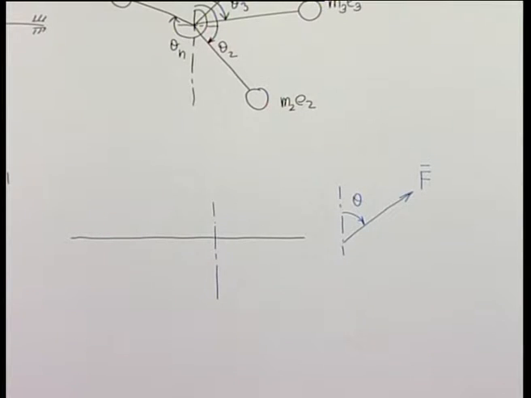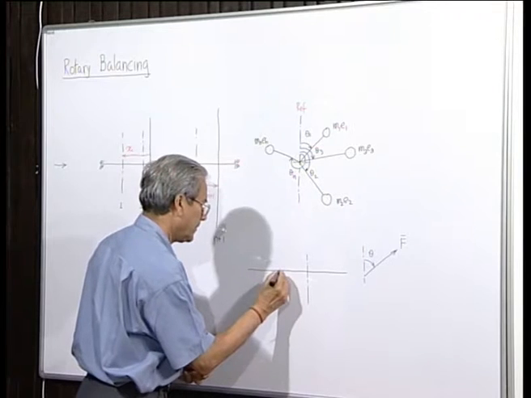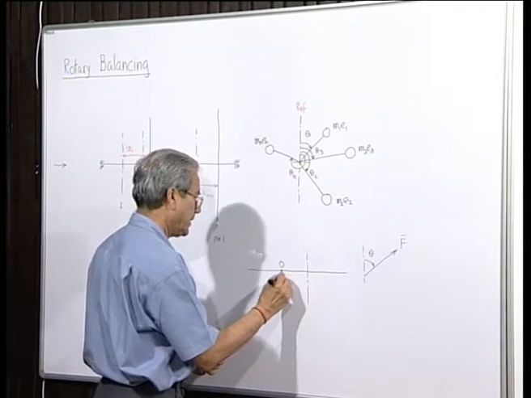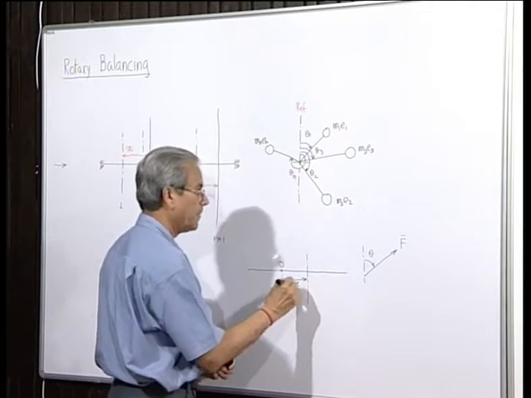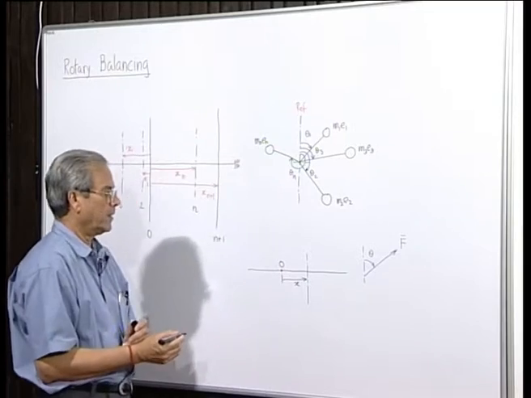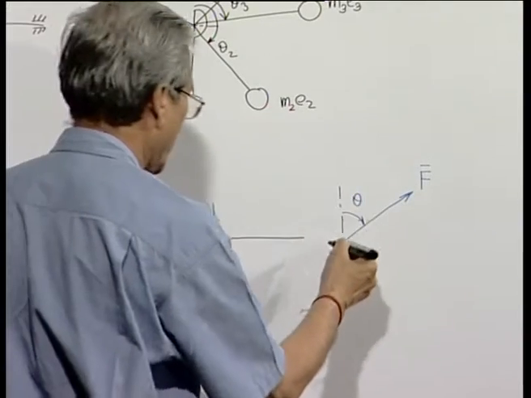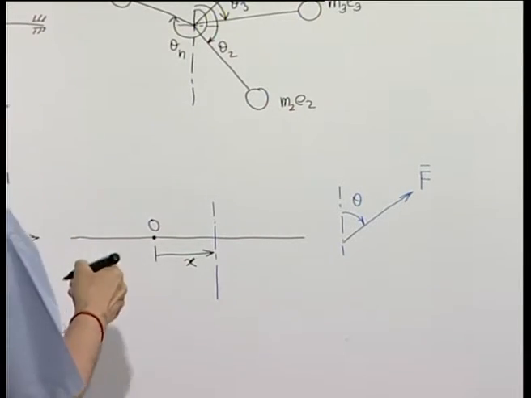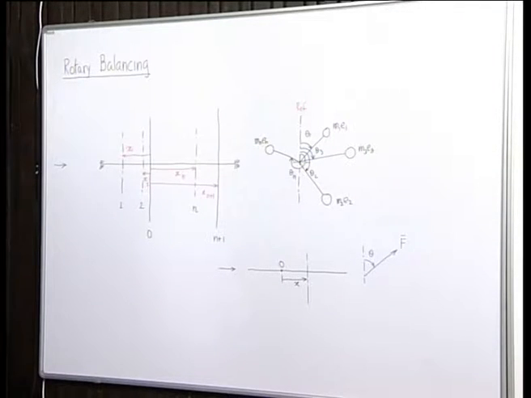So, what will be the moment of this about a point say here? Where this distance is x. Now, since we are plotting this force or drawing this force as viewed from this, we should also draw the moment vector diagram also from the same view.